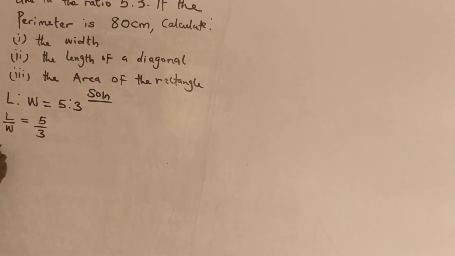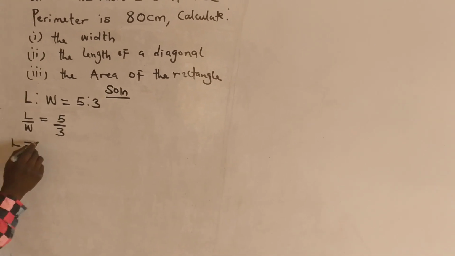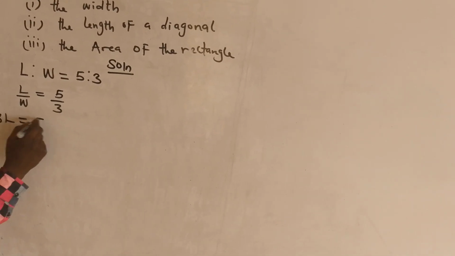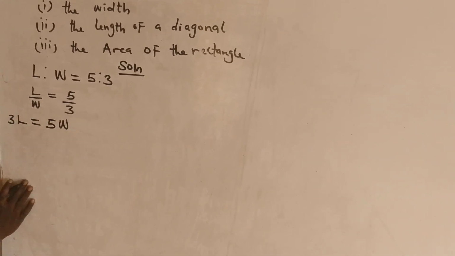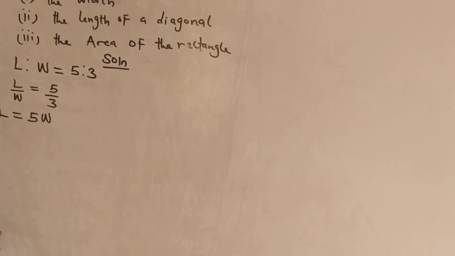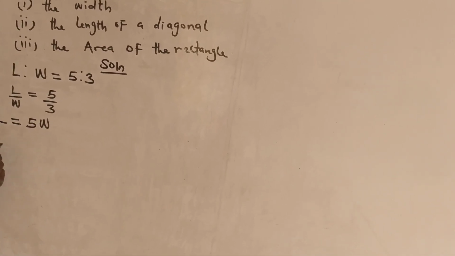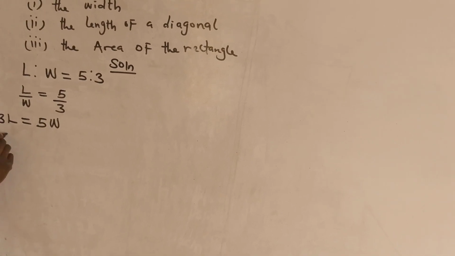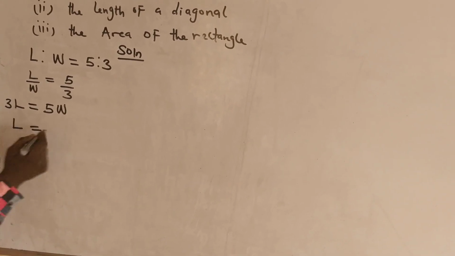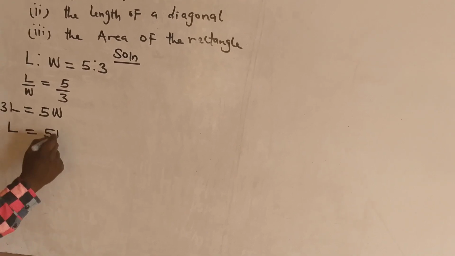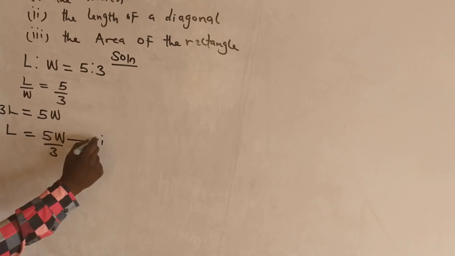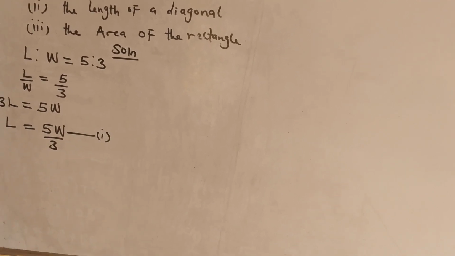It means that 3L, when you do your cross multiplication, will be 5W. The length is L, the width is W. So here, you can make L the subject of the formula by dividing both sides by 3. It will be 5W over 3. This will be our equation 1.